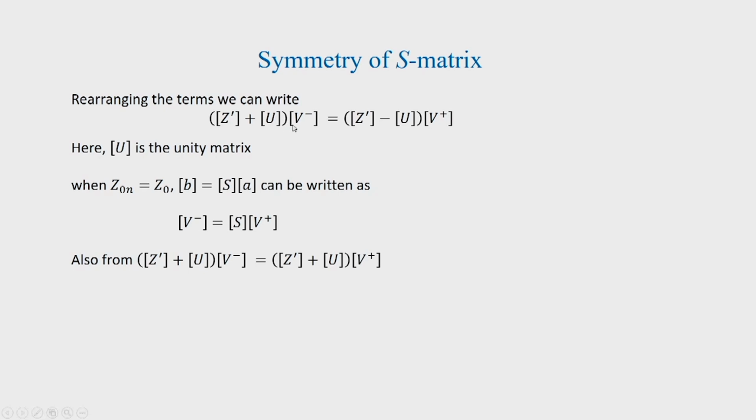And from the above, we can find V minus to be equal to Z dash plus U inverse into Z dash minus U into V plus.